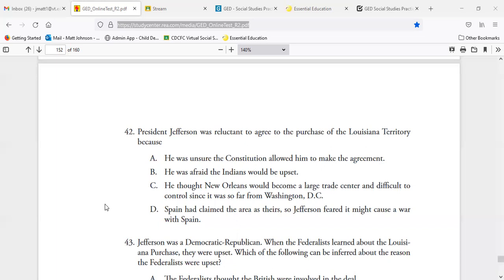He was more of that agrarian set that wanted to keep states' rights prevalent and on par with federal primacy of the law. So he was unsure if that was something that he had the powers to do within the Constitution, but fortunately he did.